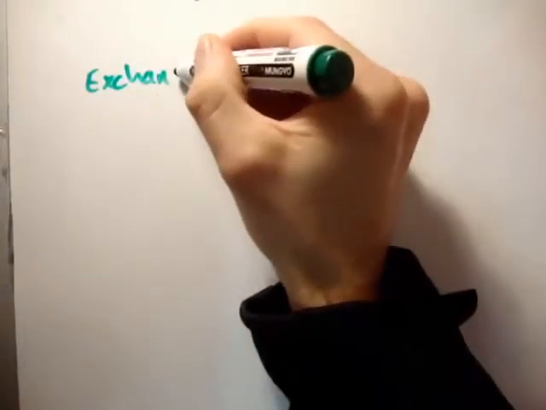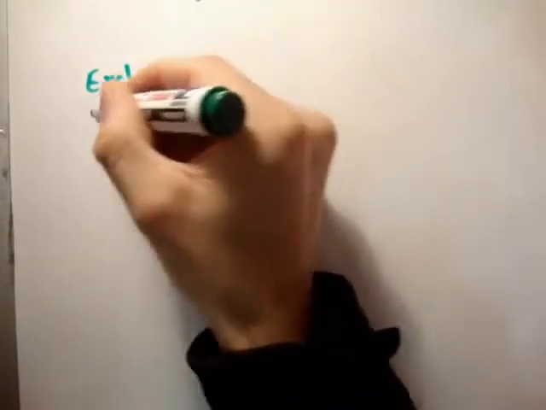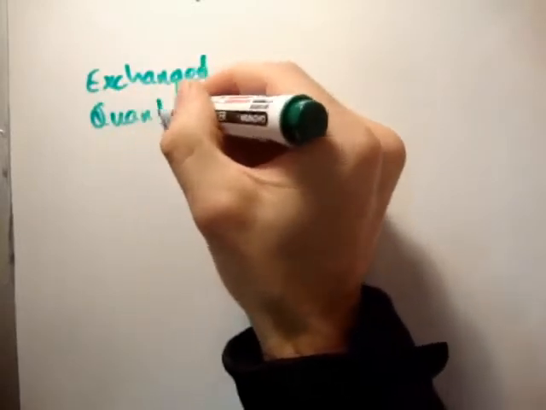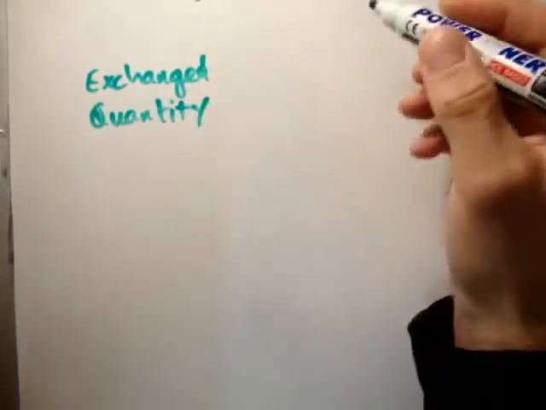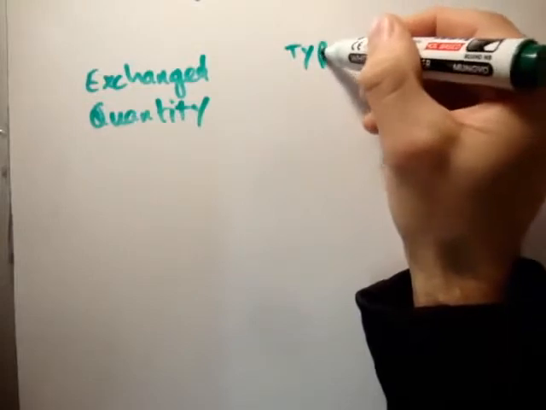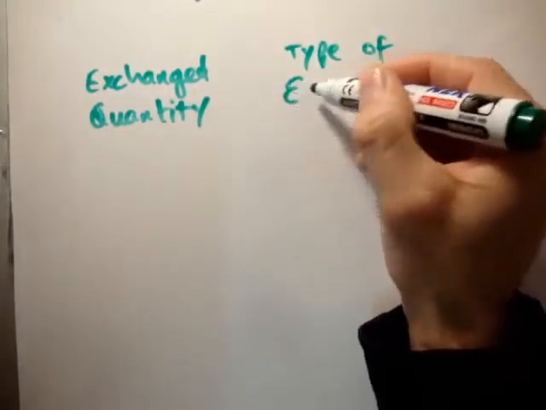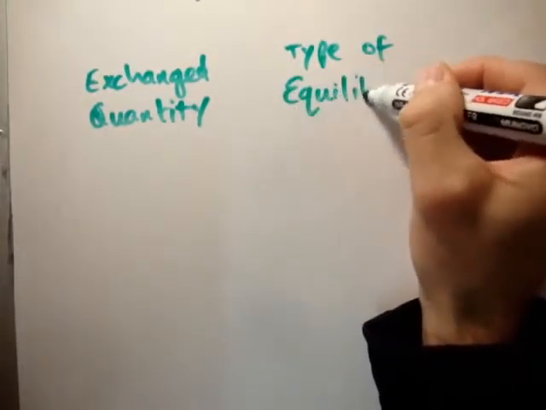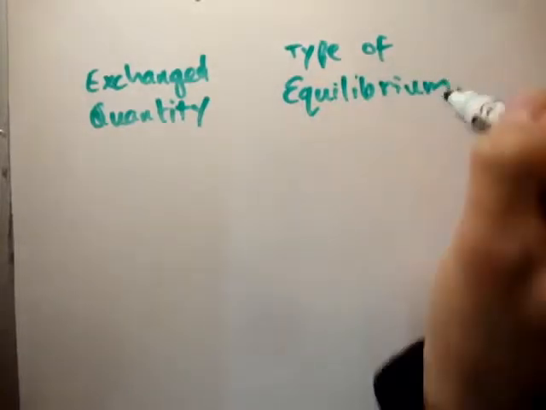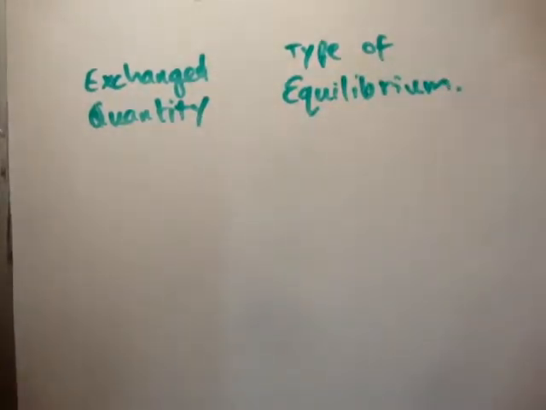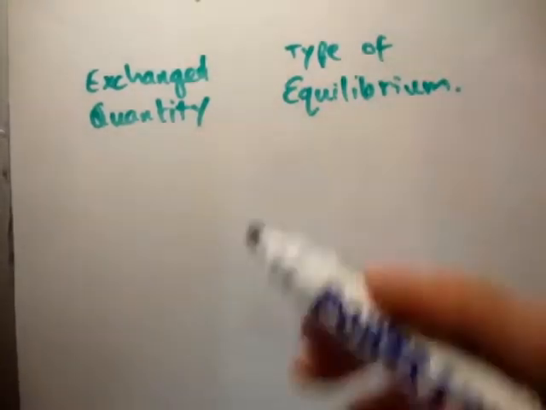So first of all, if we look at the exchanged quantity and we look at the type of equilibrium. Okay, I said that there are three types of equilibrium. First of all, of course, there's thermal equilibrium.